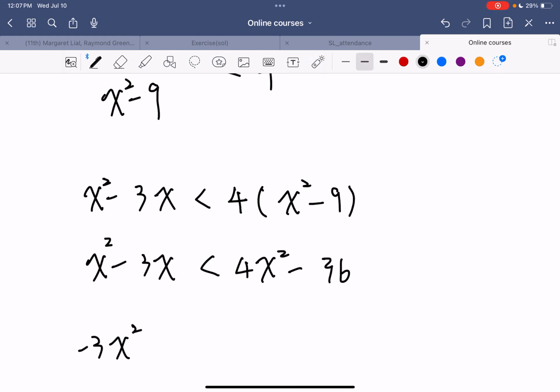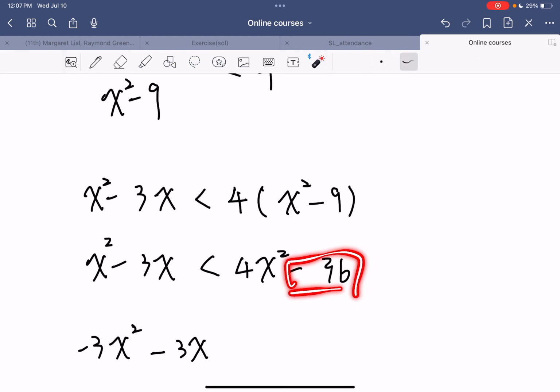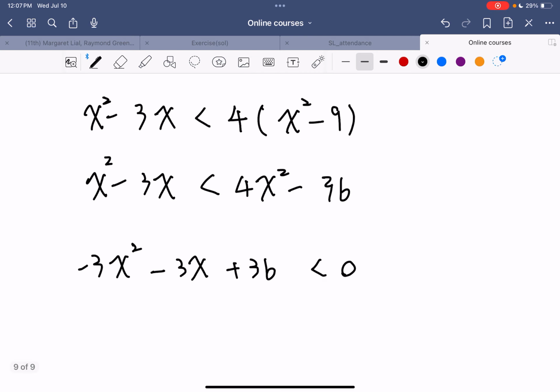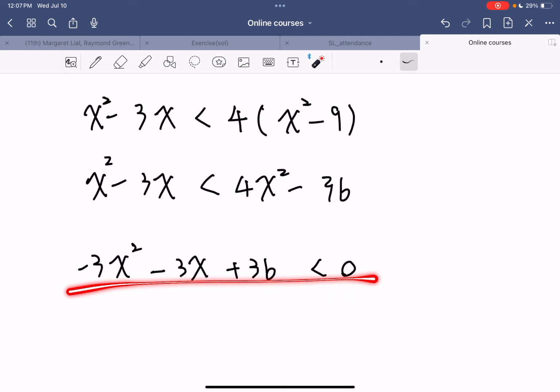And next part, okay, negative 3x, nothing change. And then negative 36 move to the left will give us positive 36, then less than 0. Okay, and by observing this equation we can tell they got a common factor 3.